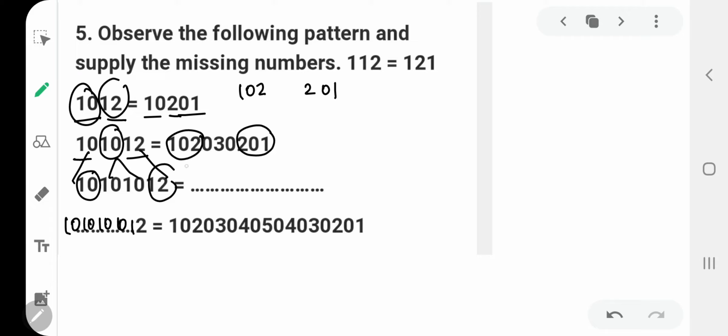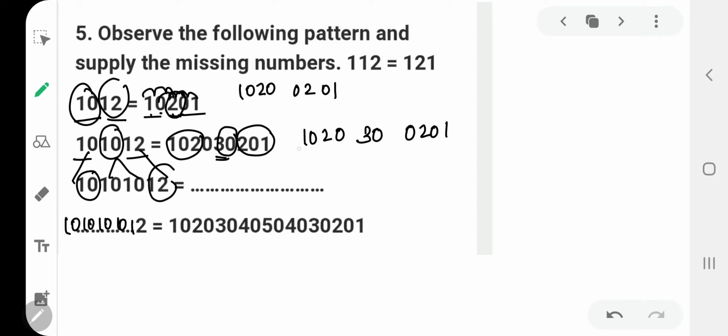Or you can also take 1020 and 0201, and in between I have taken the next number; here it was 20, I have taken 30. So my number becomes 1020, 0201, with 30 in between. Got my point clear?